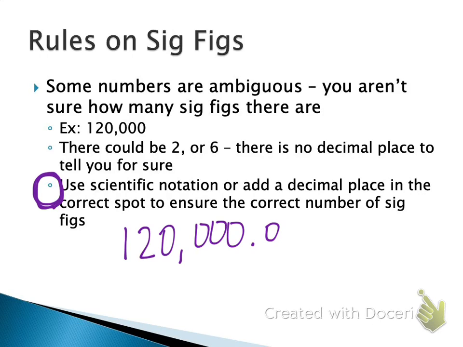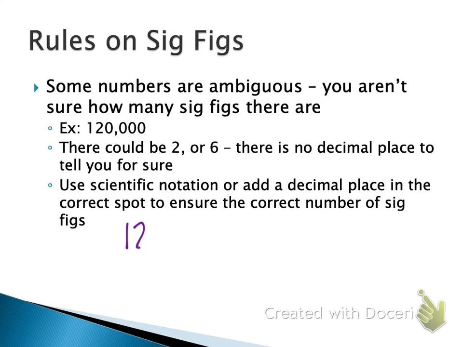Okay, all right, good. I'm hearing a couple different things. 12.0 times 10 to the 5th, 4th. What do we think? This guy right here has to be between 1 and 10. Right, 1.2 times 10 to the 5th.